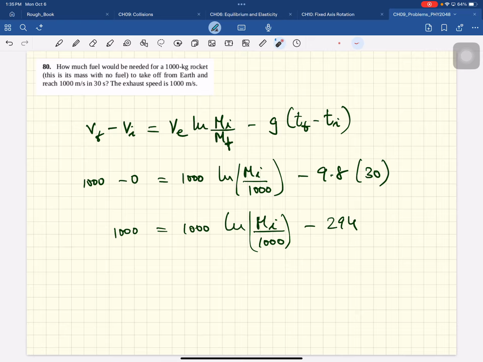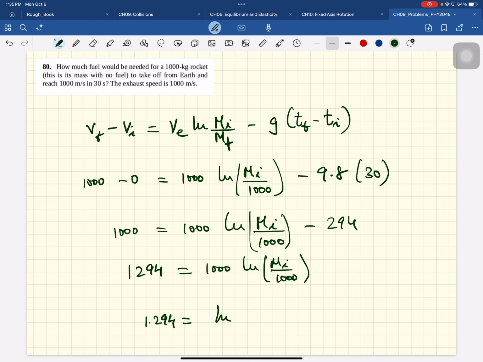Okay, so we'll bring this over there. That's 1,294. And divide, so 1.294 equals log m i over 1,000. That's base e, so e to the power of that.